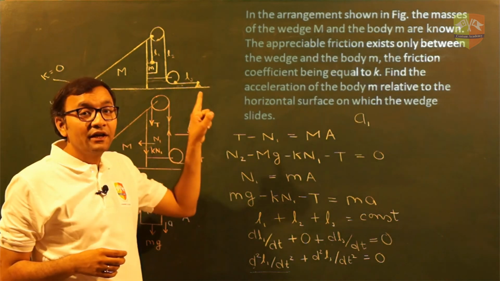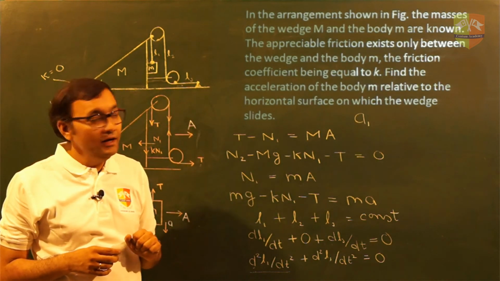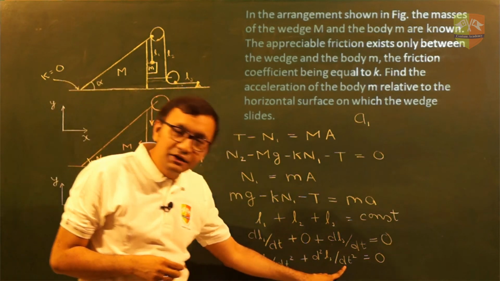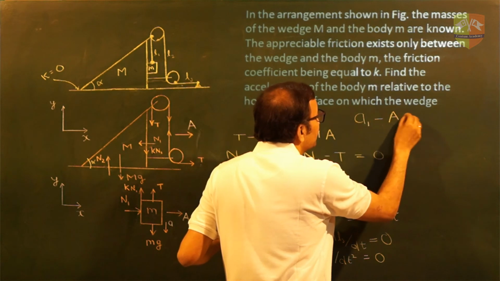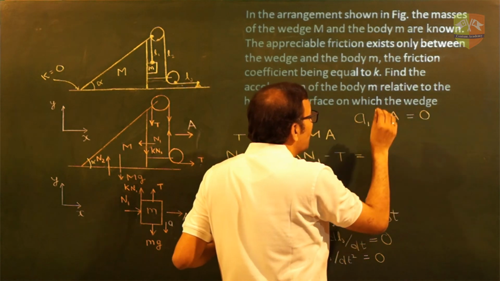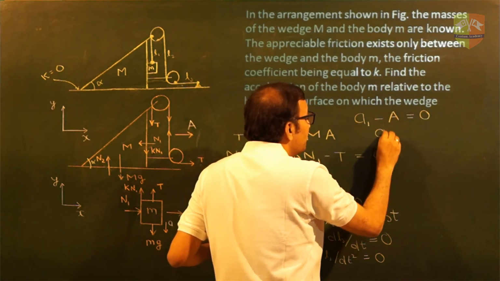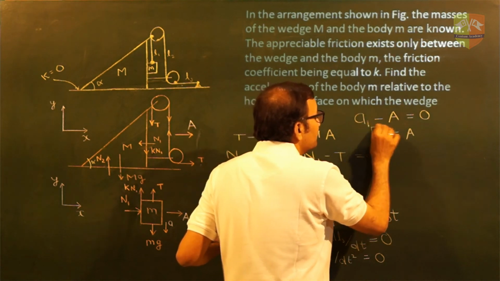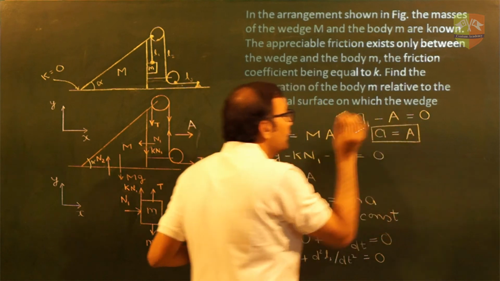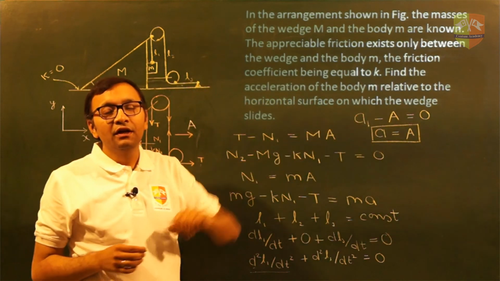Capital A is creating a decrease in length, right? So d square L3 by dt square will be written as minus A. So small a minus capital A is equal to 0, right? So small a will be equal to capital A. Fine. So this is a constraint relation.